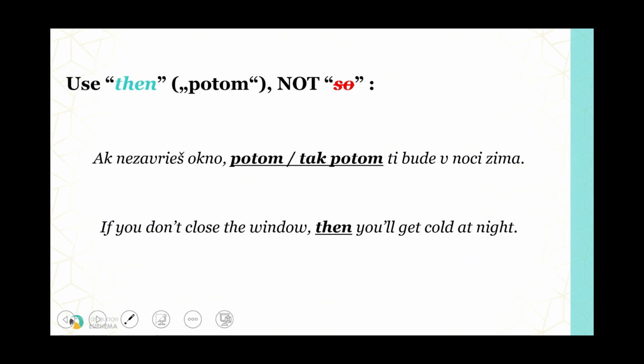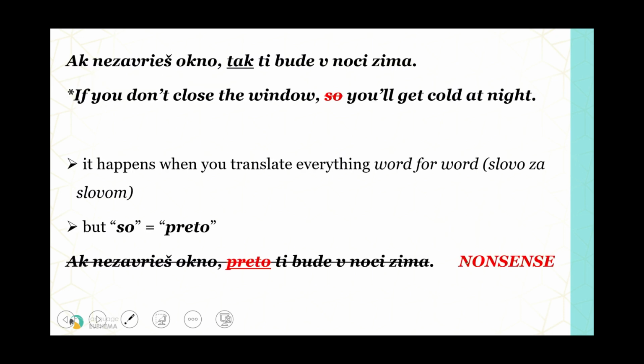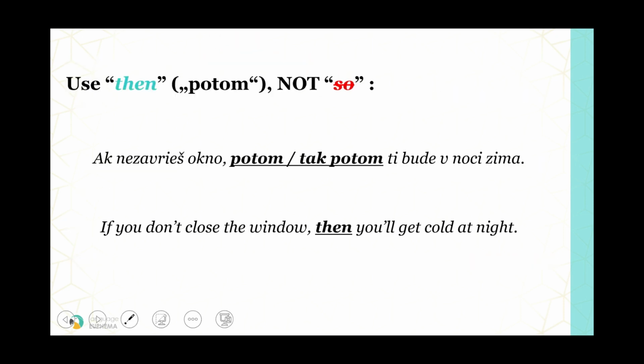If you really need to use something instead of this tak in Slovak, here is a solution for you. Use then, not so. So, ak nezavrieš okno, tak potom ti bude v noci zima. It makes sense in Slovak, and it also makes sense in English. If you don't close the window, then you'll get cold at night. This is completely correct, so you can use this word then.